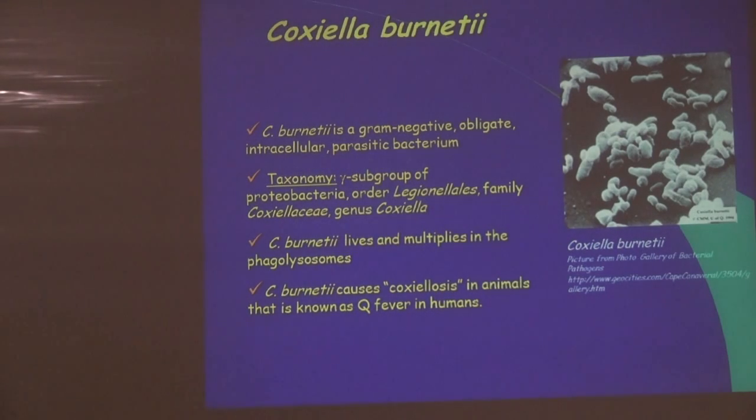Some basic information for those who have not worked with Coxiella burnetii. Very briefly, it is a gram-negative, obligate intracellular parasitic bacterium, belonging to the gamma subgroup of proteobacteria, the Legionellales, genus Coxiella. Coxiella burnetii lives and multiplies inside cells.